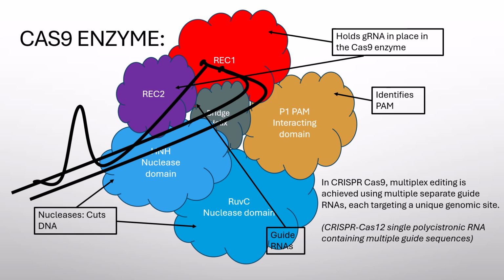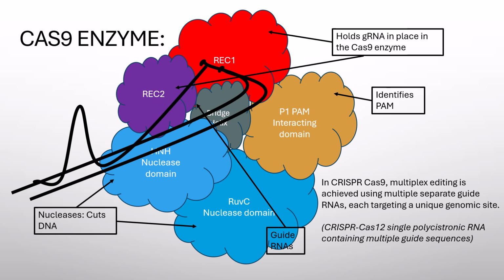Staggered ends are when the RuvC domain cuts the non-target strand a few base pairs away, but a blunt cut is where, I believe, it's adjacent.